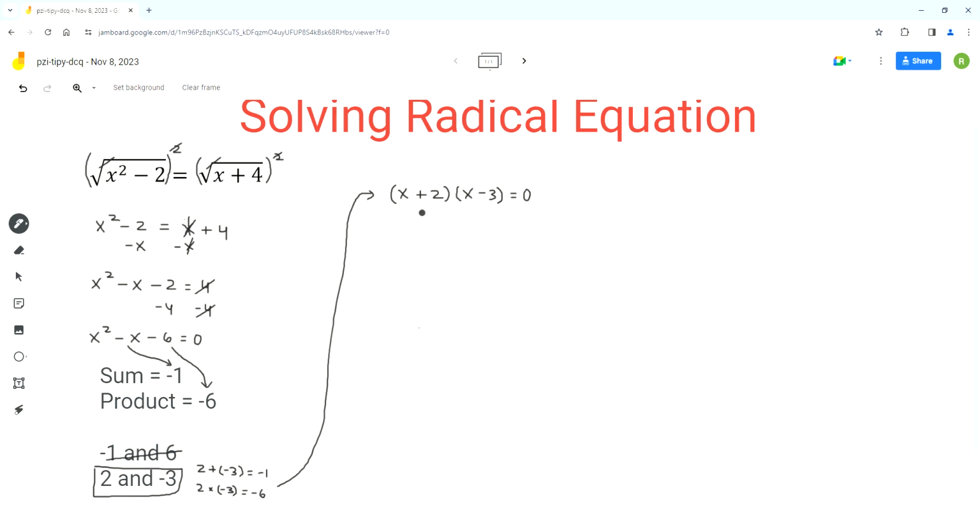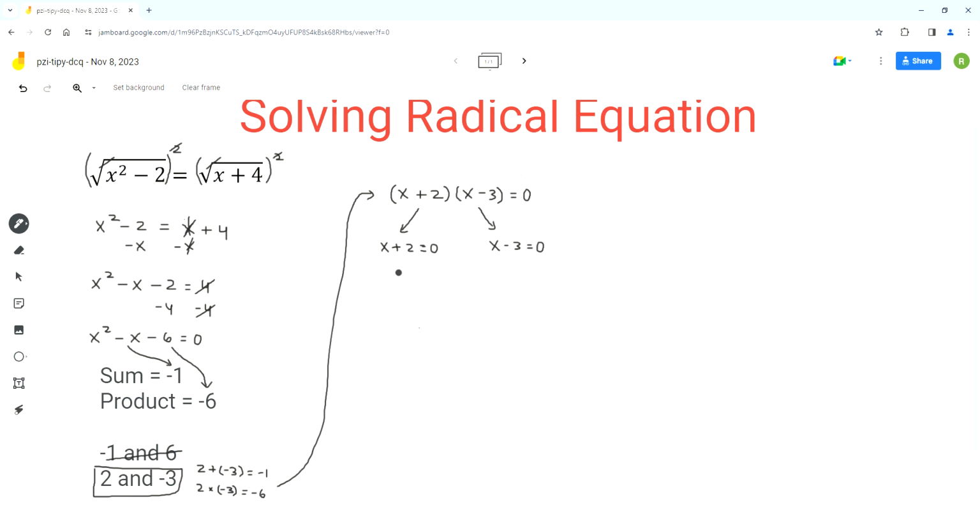And now we get two cases. So the first case is x plus 2 is equal to 0. And the second case is x minus 3 equals 0. So we have to solve for x.